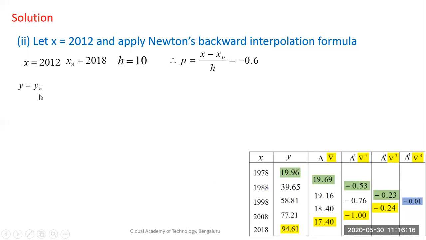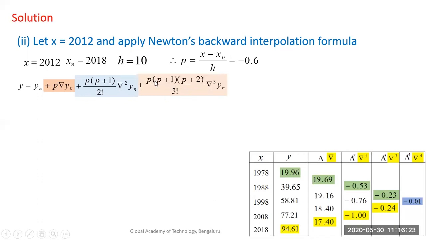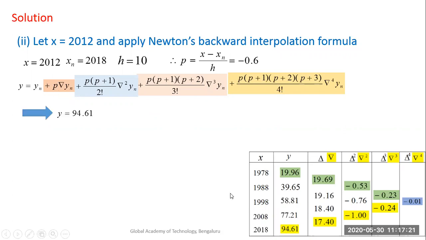Write the backward difference formula: yn plus p into del yn, plus p into (p plus 1) by 2 factorial del square yn, plus p(p plus 1)(p plus 2) by 3 factorial del cube yn, plus p(p plus 1)(p plus 2)(p plus 3) by 4 factorial into del power 4 yn. Substitute p equal to minus 0.6, yn is 94.61.